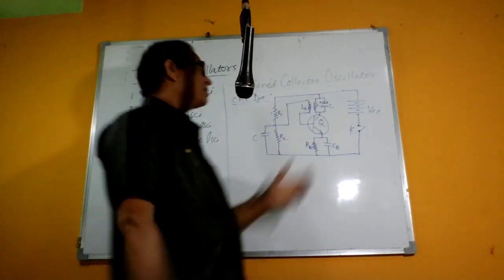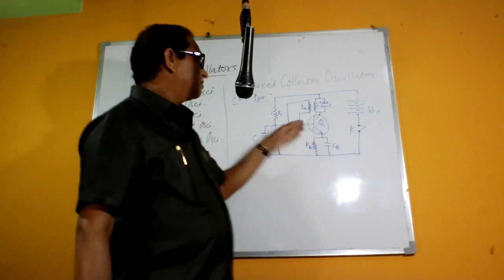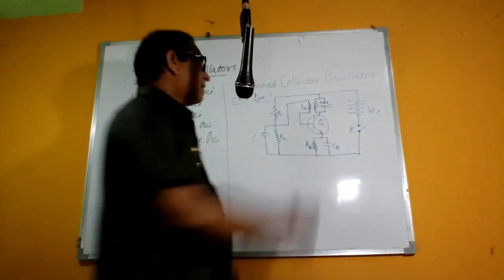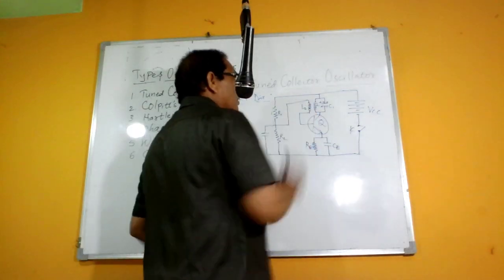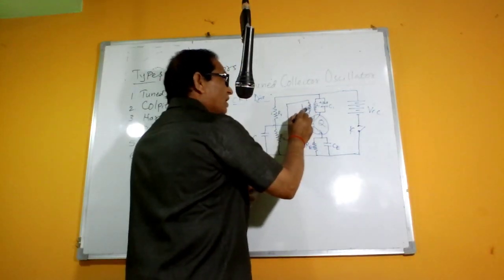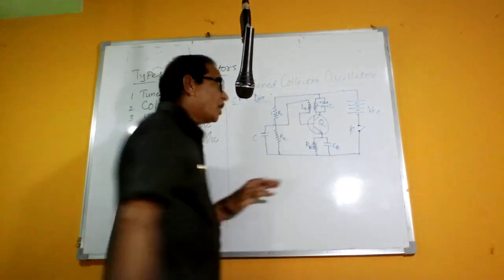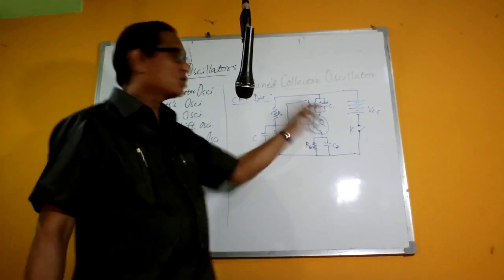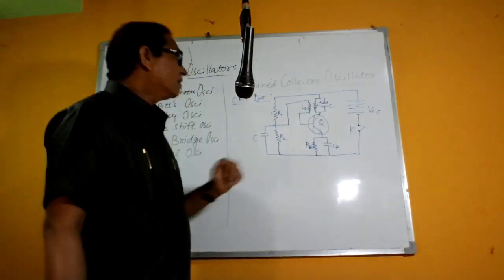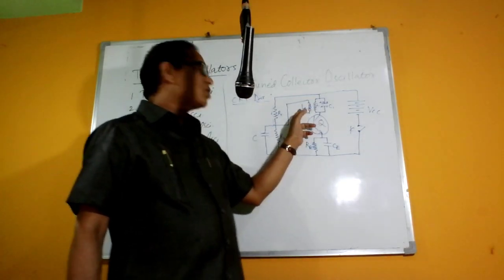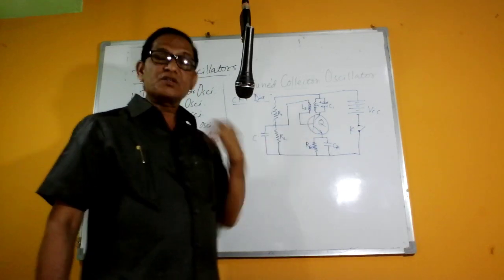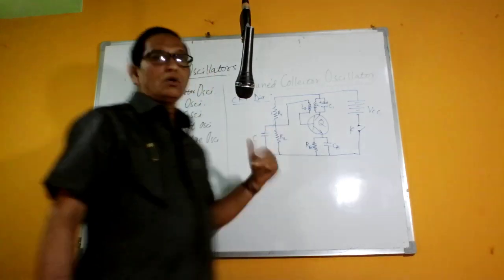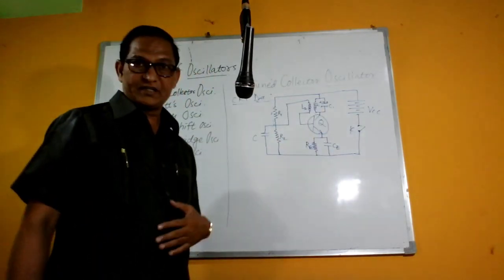The losses are met because of the pulse of energy supplied from this side. So the number of turns in L2 and the coupling are to be adjusted in such a way that the voltage developed across this one is amplified just sufficiently to overcome the losses of the tank circuit.